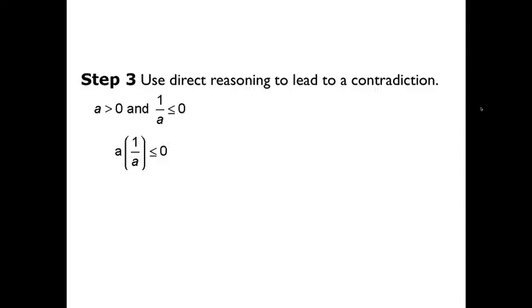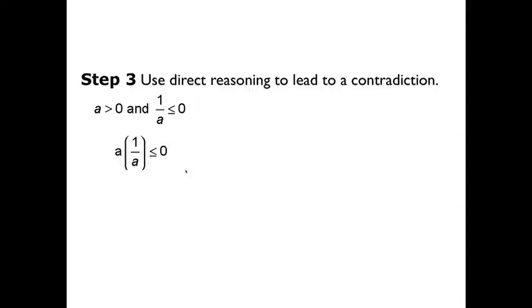And in the second case, if a is a positive number and the reciprocal is negative, a positive times a negative is negative. So if the reciprocal is not positive, I'm either going to get an answer of 0, or I'm going to get an answer that is negative. So we can take care of that by saying that when I multiply them together, I would get an answer that is less than or equal to 0. It's either going to be 0 or a negative number.